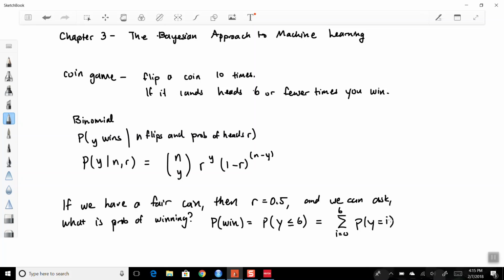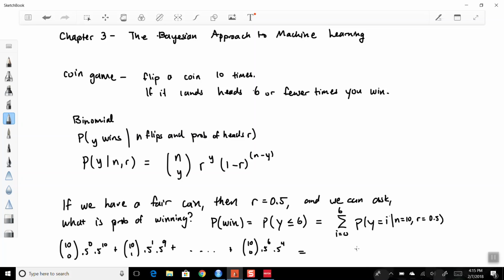Probability, I guess I should write Y equals I given n equals 10, and r equals 0.5. Okay, and then you do something like 10 choose 0, 0.5 to the 0, 0.5 to the 10, plus 10 choose 1, 0.5 to the 1, 0.5 to the 9, plus so on and so forth, up to 10 choose 6, 0.5 to the 6, 0.5 to the 4, right?